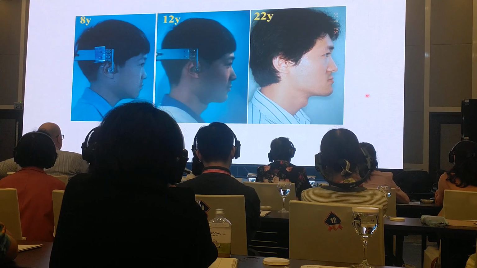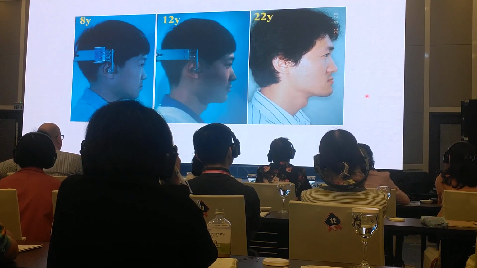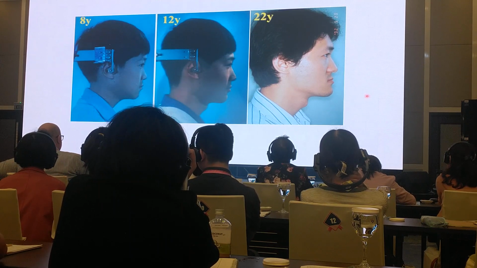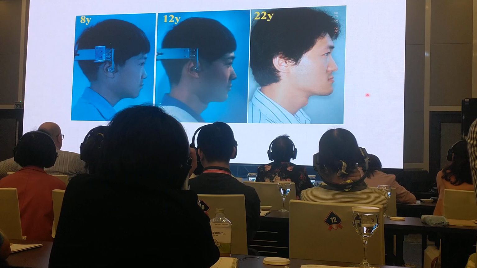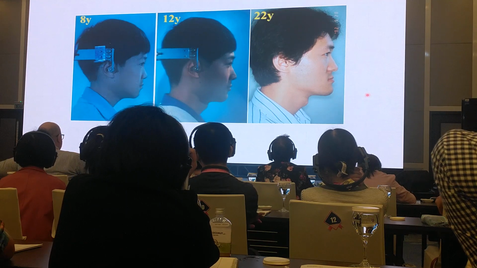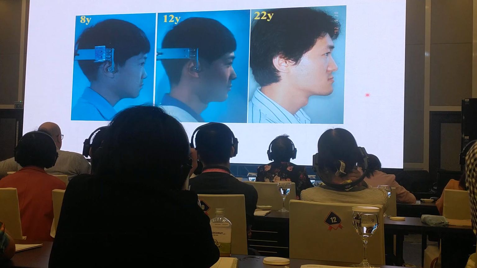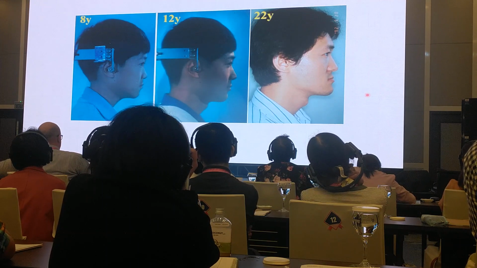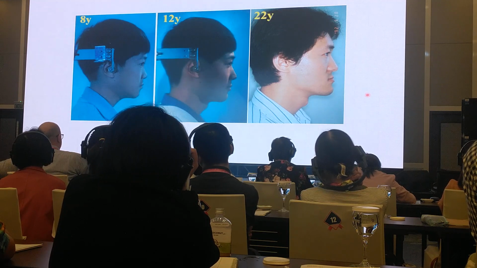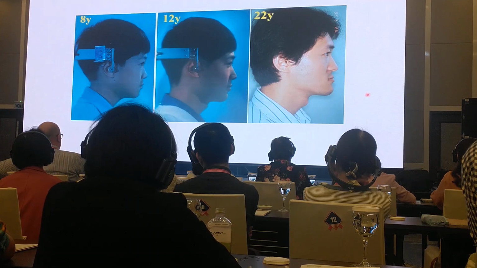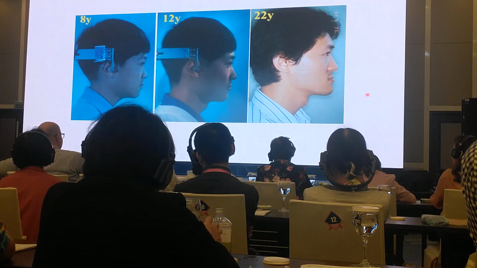But anyway, let's say middle school age and high school age. Now the second molar erupts and the third molar is growing and slowly trying to erupt, right?